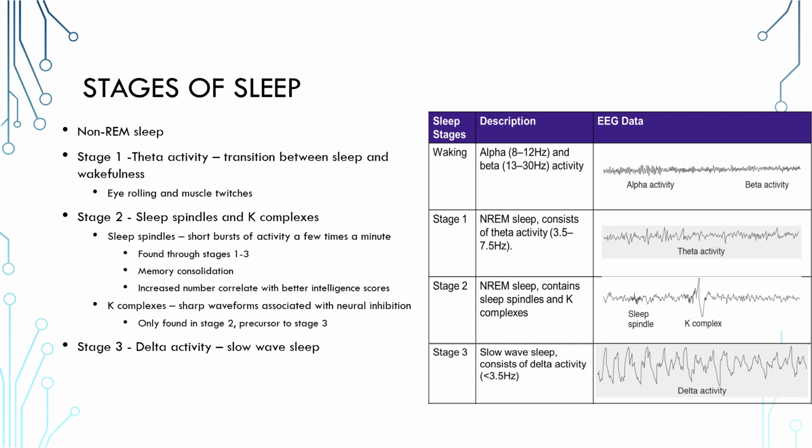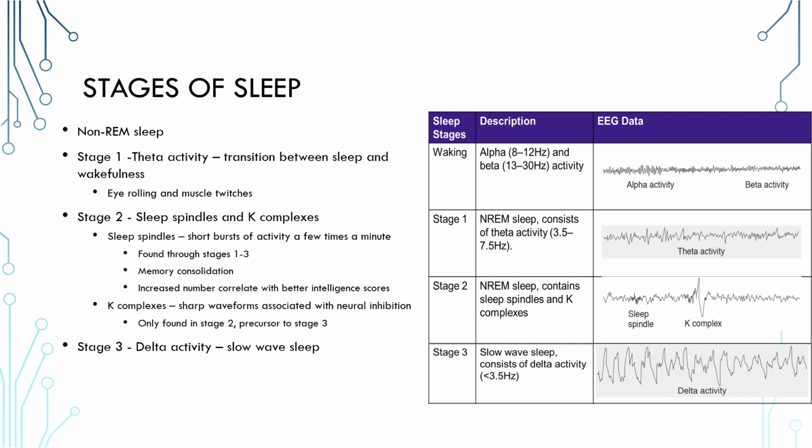That's one possibility. Then we also have these little sleep spindles as well. So you can see that here earlier on in the stage 2 readout. These are found throughout stage 1 to stage 3 sleep. And what these are is just a quick burst of activity. So you see the line here becoming very dark, and there's a lot of bouncing around in a short period of time.